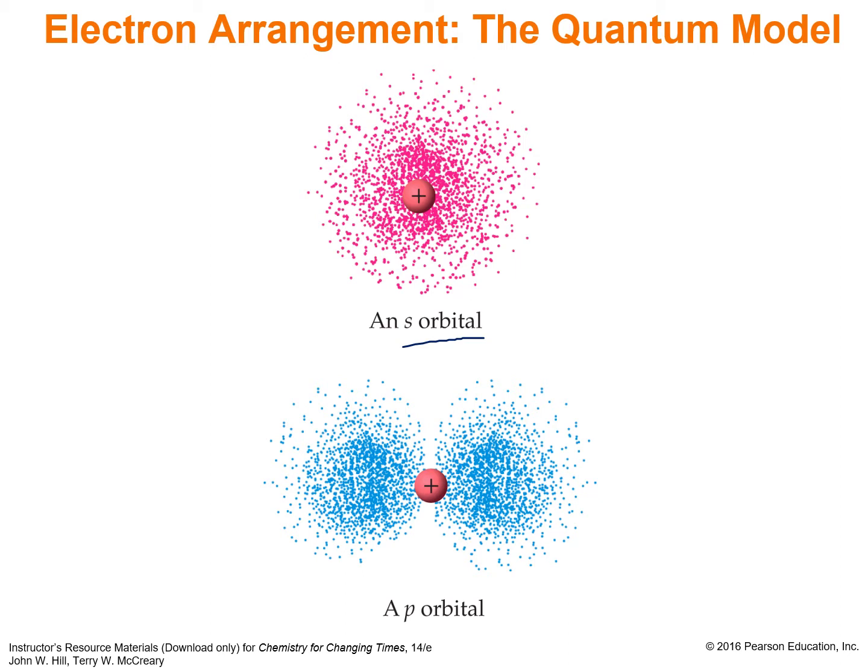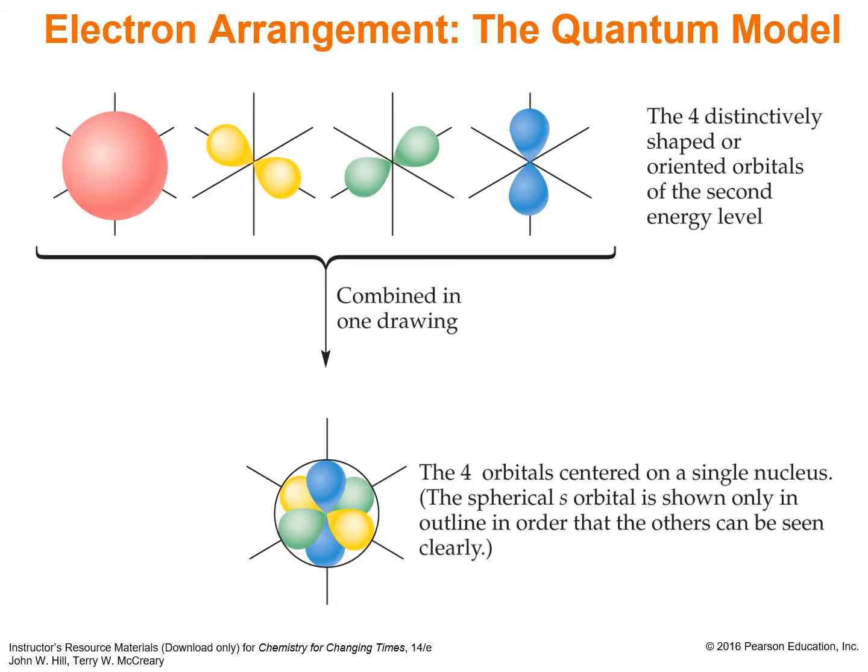Then we have another possibility for the shape, which looks like this dumbbell. So you have something in the center, and then you have these two dumbbell shaped things, and that's referred to as a p orbital. And then there can be distinctive shapes that can come out of combining these orbitals, or the way they are oriented around the axis.